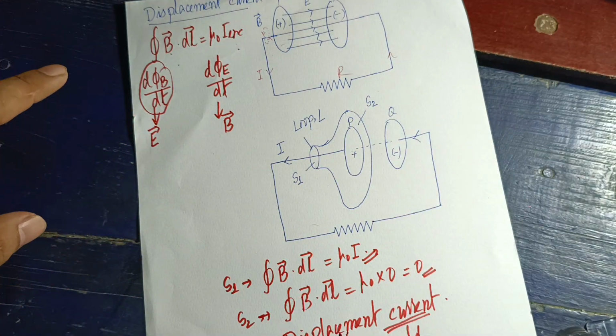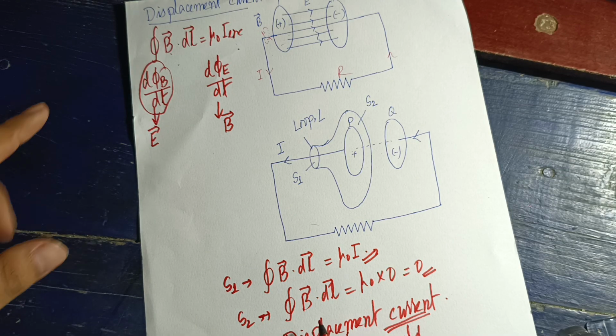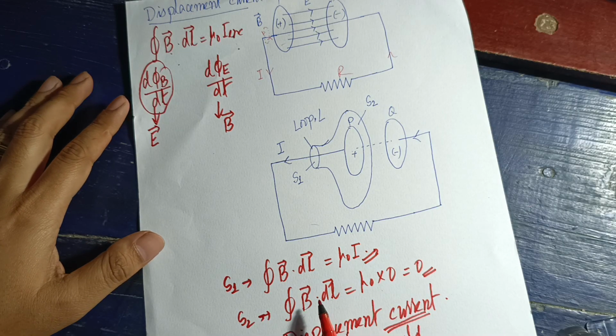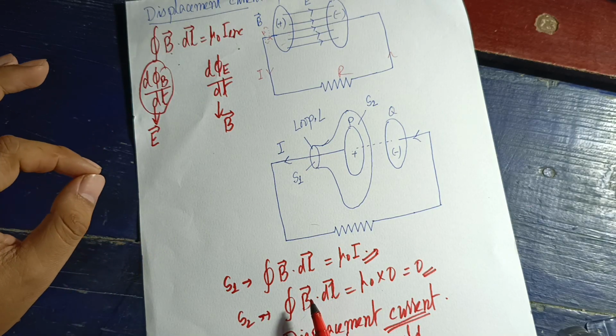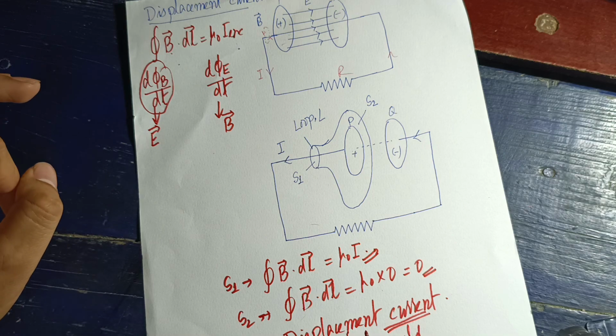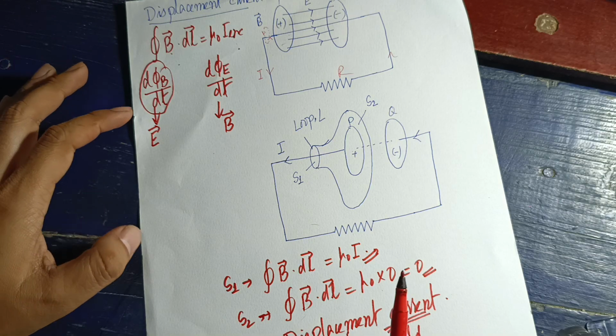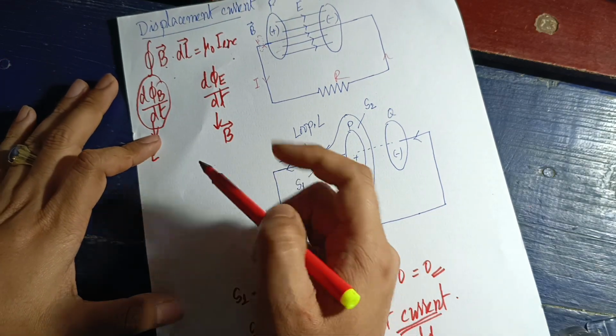So the inconsistency that we have discussed is due to the missing part, that is the displacement current. Maxwell stepped in and added displacement current to Ampere circuital law, and that law is called the modified form of Ampere circuital law, or Ampere-Maxwell law.